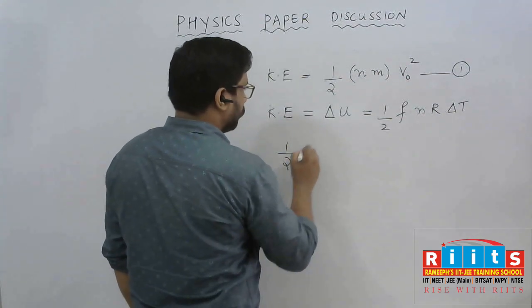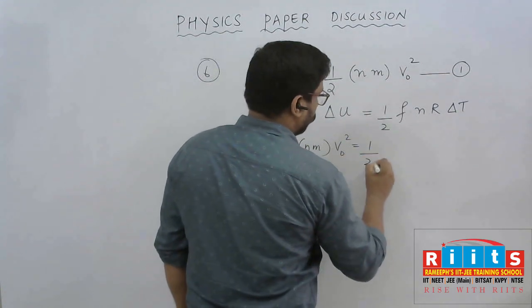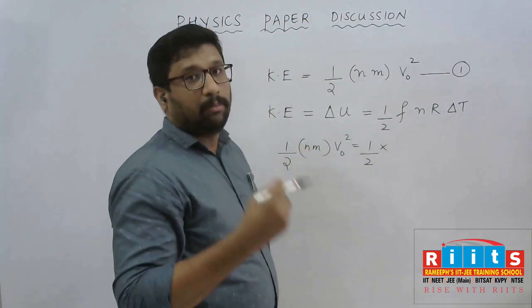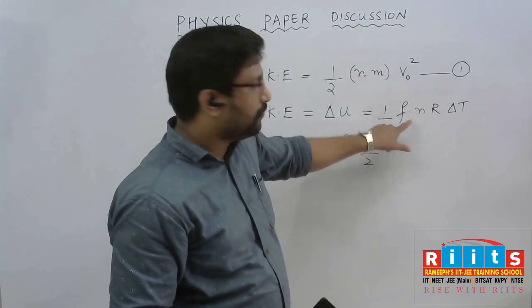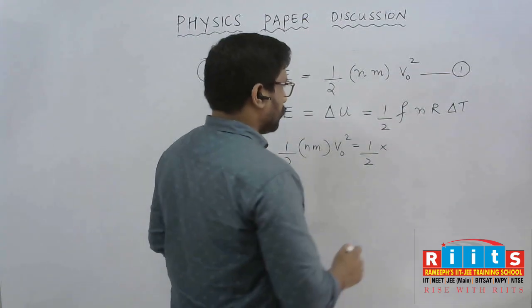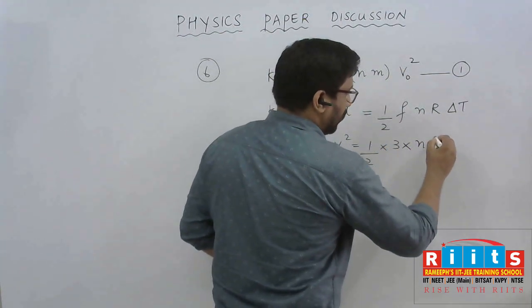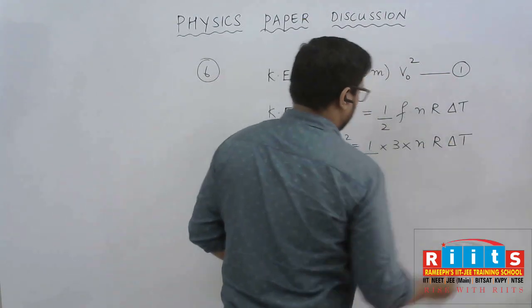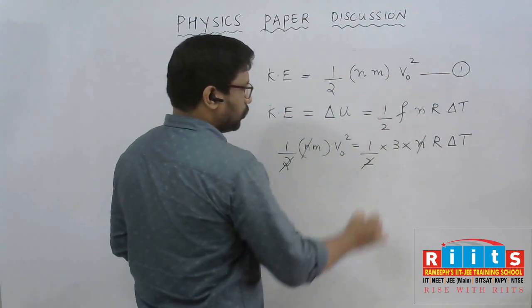So half of N m V0 square is equal to half of... Here they are using monoatomic gas. For monoatomic gas, the degree of freedom is 3. So I am substituting the degree of freedom as 3. N is the number of moles, R into delta T. N and N can be cancelled. 2 and 2 can be cancelled.